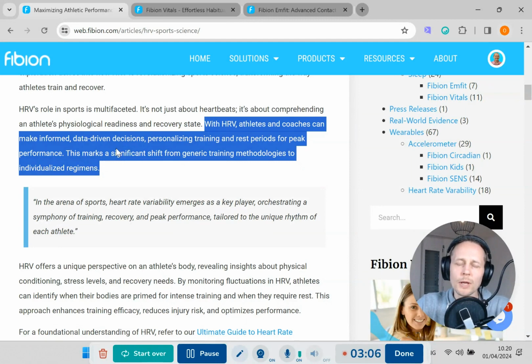But when we combine it, it usually helps to make the decision that, for example, now it's better to rest and not do the hard training. Maybe the athlete is feeling a little bit off, but athletes usually want to push. But if the HRV data is clearly showing that the body is not in an optimal state, not in the recovered state, we can use HRV to support this decision making.